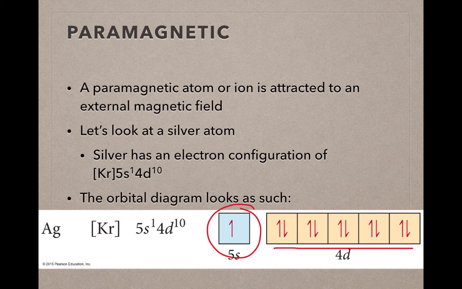Now if we were to have our Ag+, the electron that's going to come out is the electron with the highest n level. That would be our 5s1, so that's going to go away. So Ag+ would be krypton 4d10, and this electron would go away, and we're left with a diamagnetic ion. So silver atom is paramagnetic, silver ion is diamagnetic.